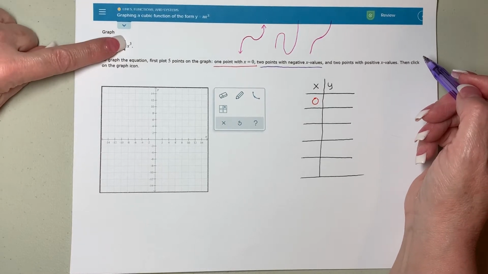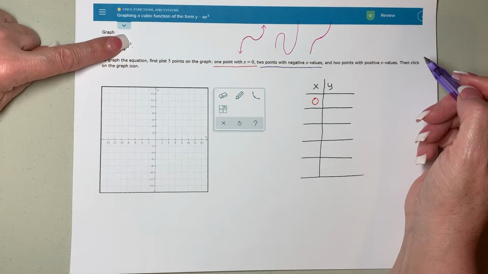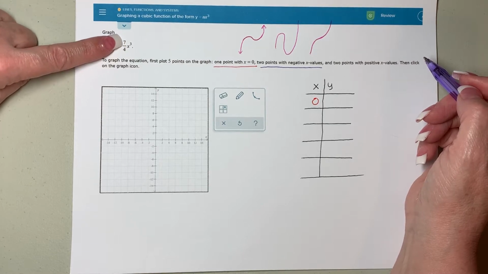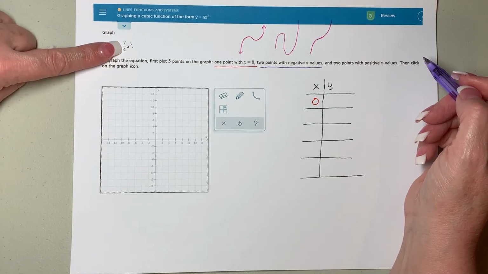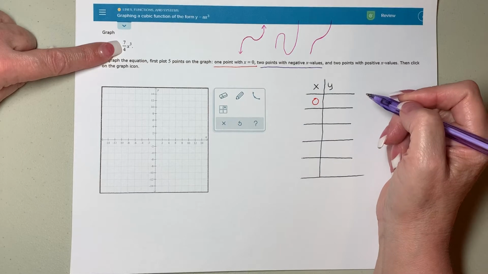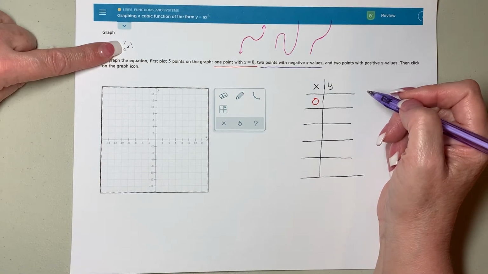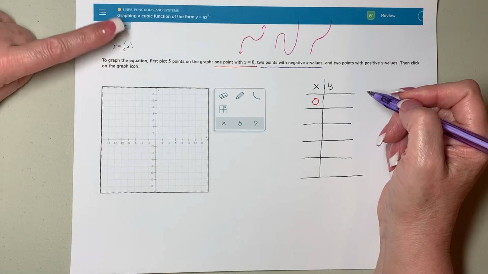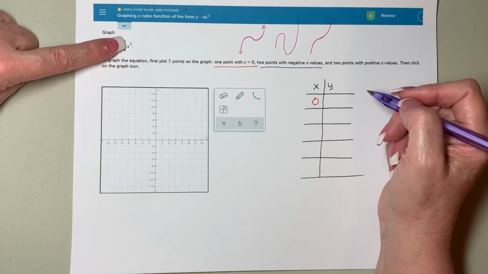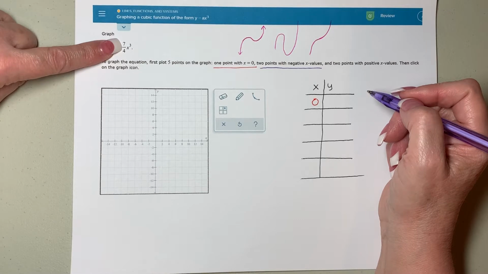However, when you put it in here for x, you're going to have to cube it, and then you're going to have to multiply times 7/4. I would choose wisely. If I stick -1 in there, I'm going to end up with a fraction. Because -1 cubed is -1, and -1 times 7/4 is going to be -7/4.